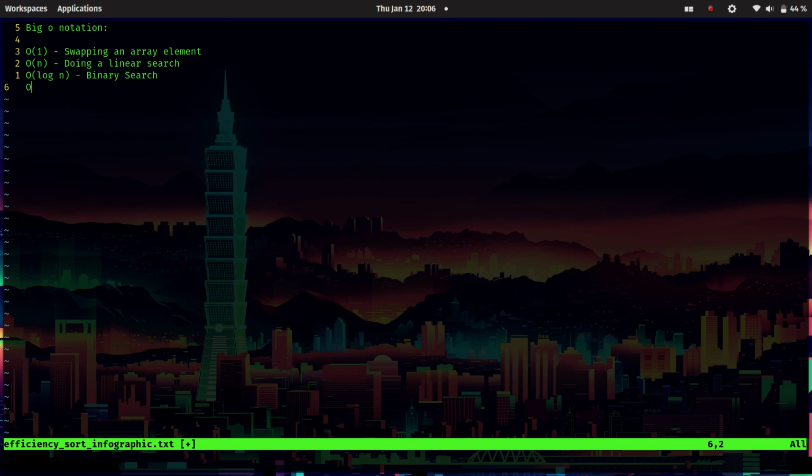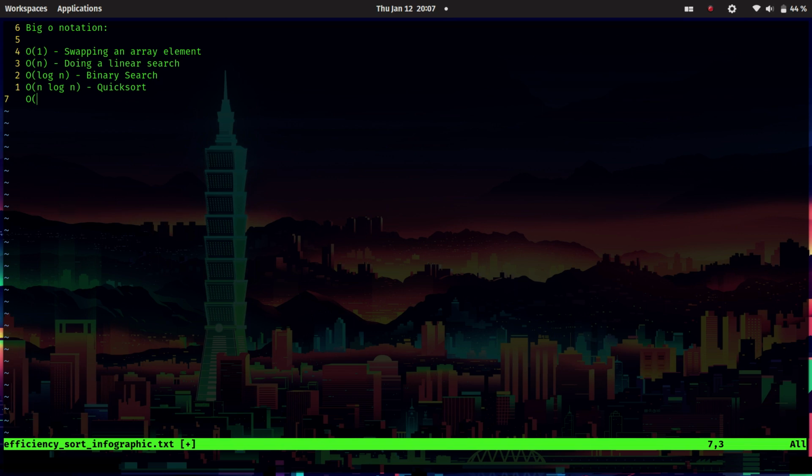And the next one is n log n. This is used for things like quicksort, where it takes the number of elements in the list and multiplies that by a logarithmic amount of elements in the list. After this is where it starts to get a bit more inefficient, and it starts to really show.